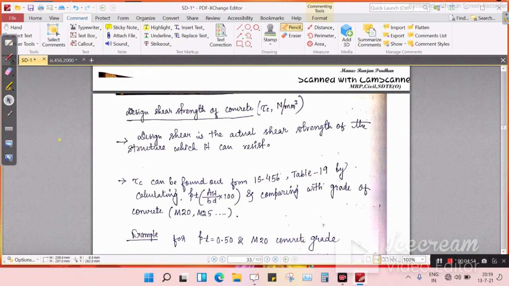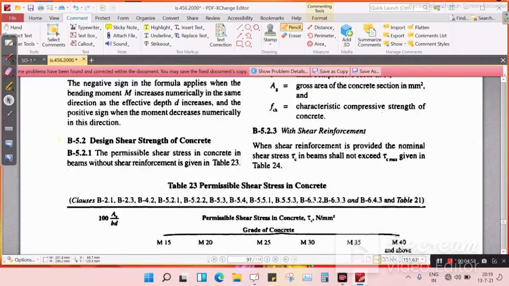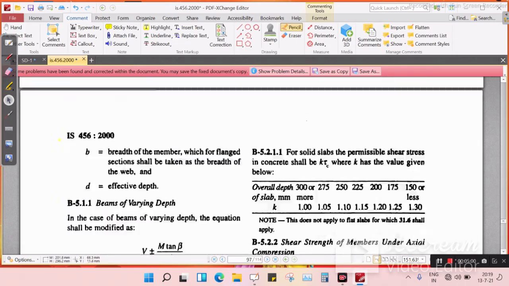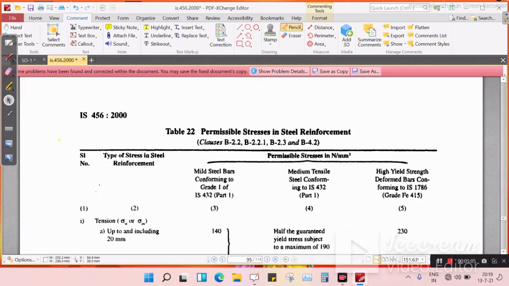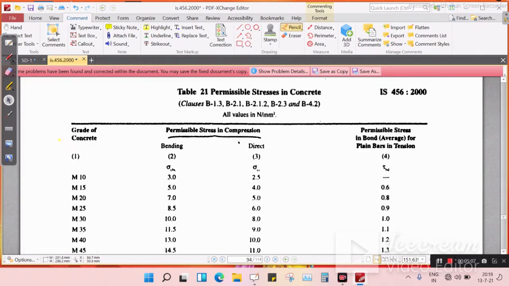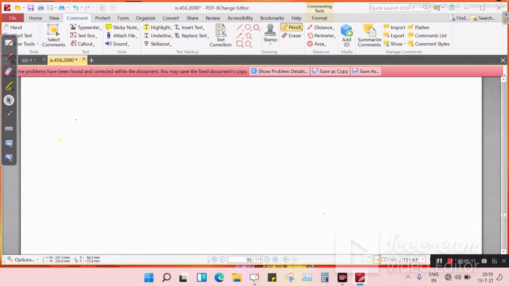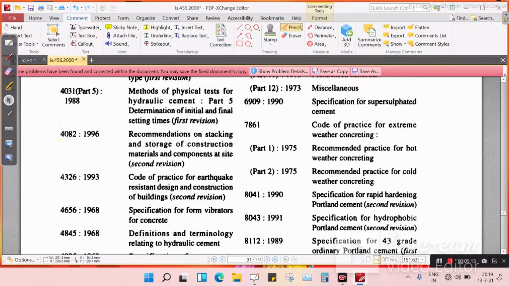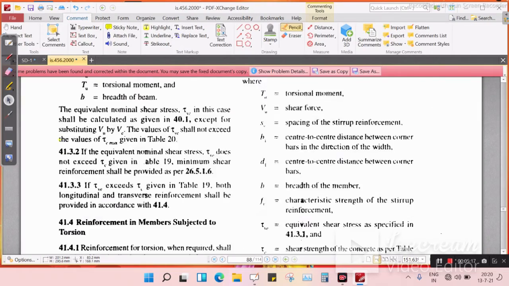Let me show you table number 19. Then we will know how to find out tau C. This is the IS code. This is table number 22, table number 21, table number 19. Okay.